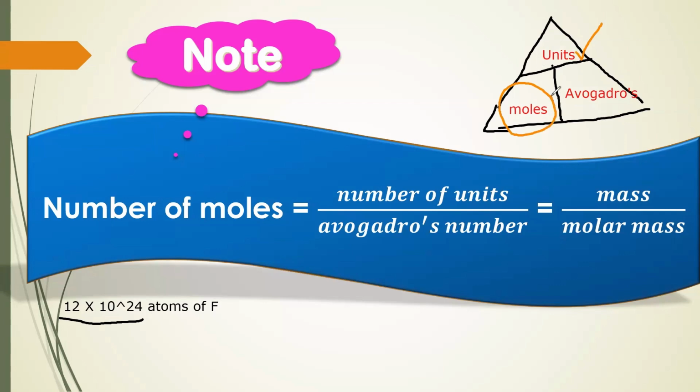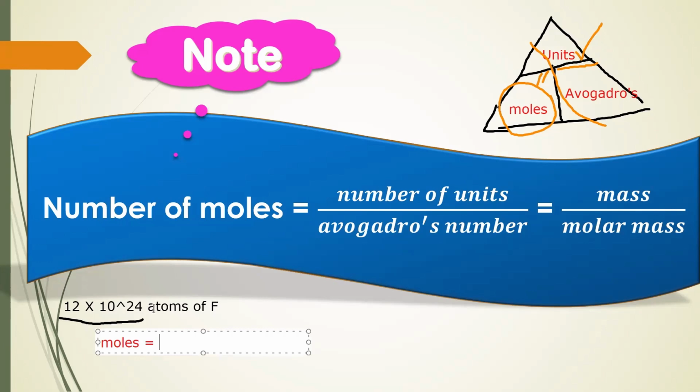How do we calculate the mole? The mole will equal these units divided by Avogadro's number, because here we need how many moles have this number of atoms.